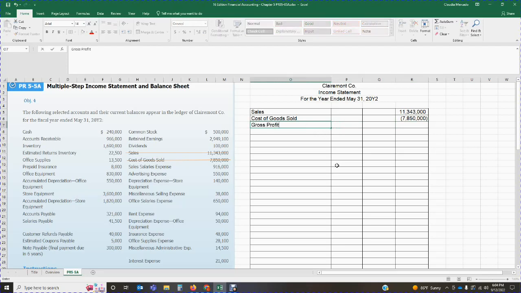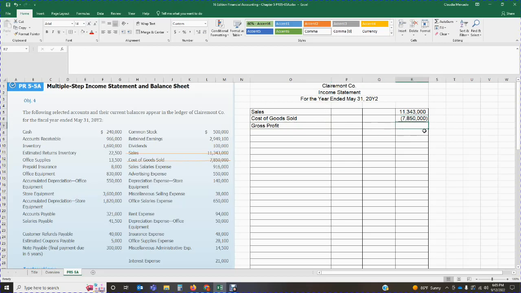Remember, we have a profit if our sales exceed our cost of goods sold. If our cost of goods sold exceeds our sales, then we've got a loss. Here our revenue is greater than our expenses, so we're going to calculate our gross profit, and that's going to give us $3,493,000.